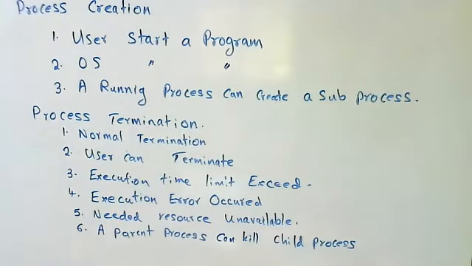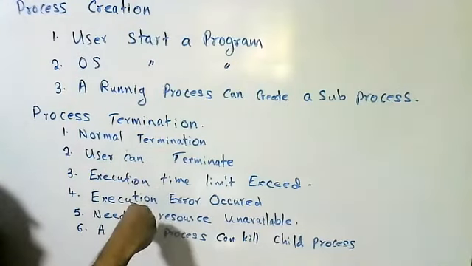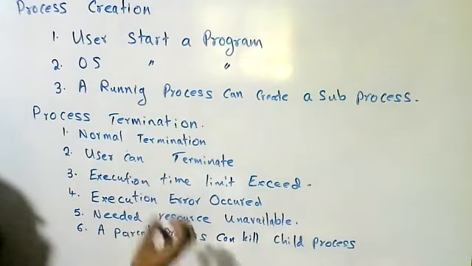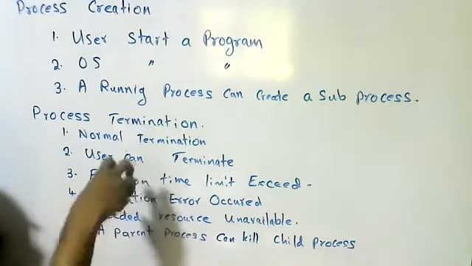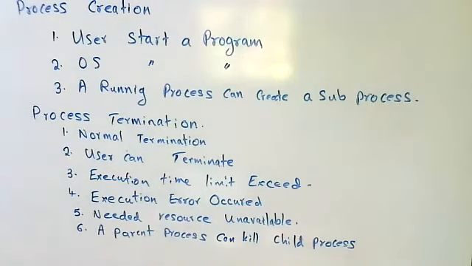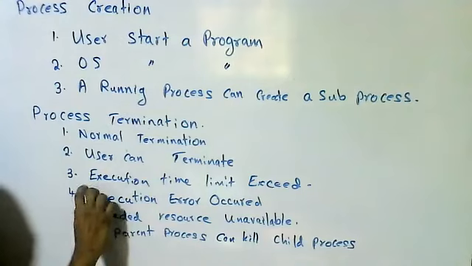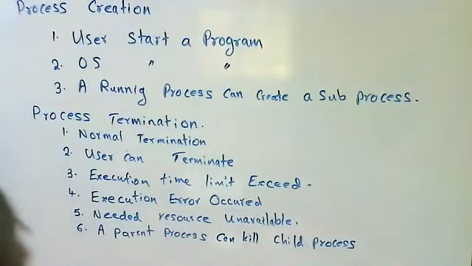Third one, execution time limit exceeded. Whenever a process starts, the operating system identifies an execution time for that particular process. If the time limit is exceeded, it goes to the terminate state. And fourth one, execution error occurred.